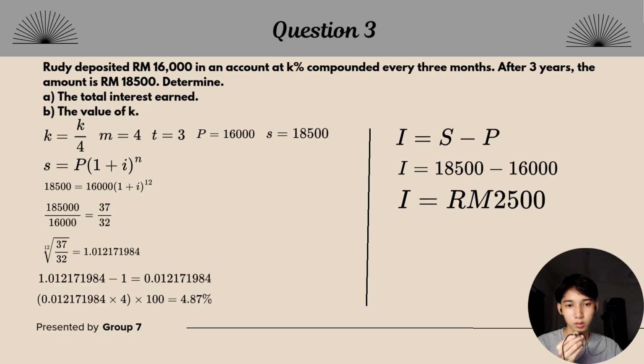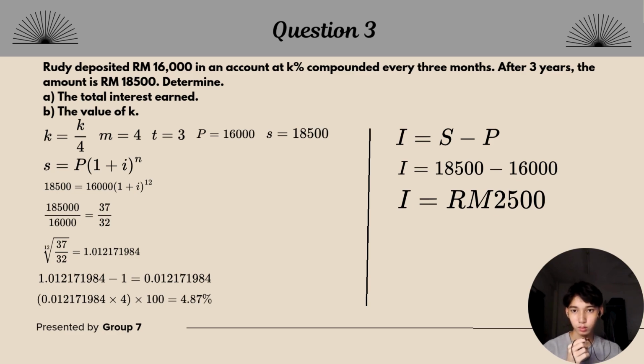So if we put it together, it will be I equals 18,500 minus 16,000. So I equals RM2,500. So that's all for question A.